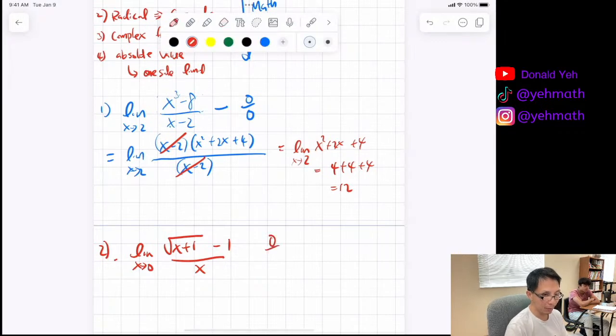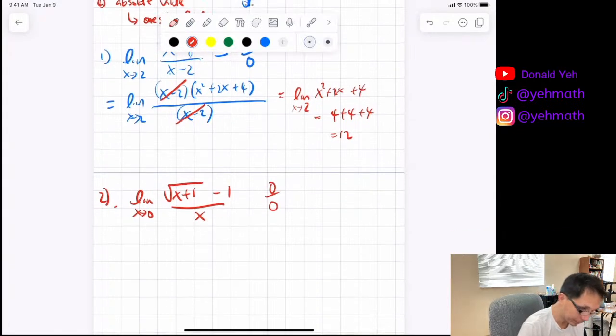That means I have to do some type of math. But can I factor that? No. But what can I do when we have a radical? Conjugate. Now, most of you never had to rationalize the numerator. This is the case where we rationalize the numerator.